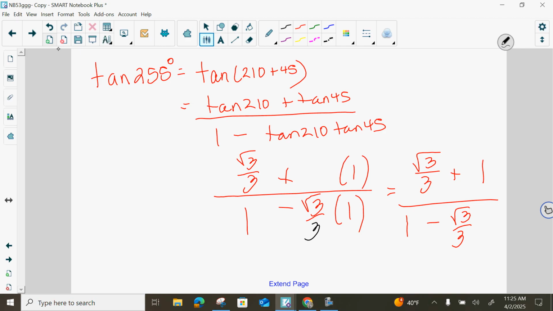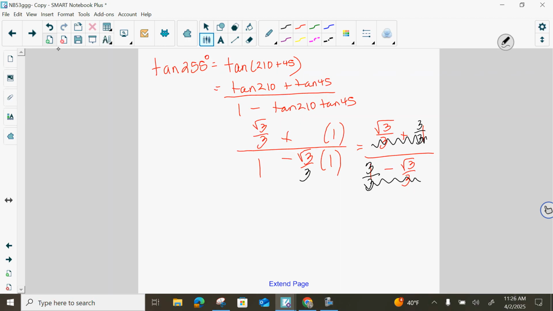So right there, I could multiply by the conjugate, but it's actually easier to get rid of the complex fractions first. So I'm going to change the 1 to a 3 over a 3, right? Make all the denominators the same first. Then all the denominators will disappear, and just make it easier to rationalize for yourself.